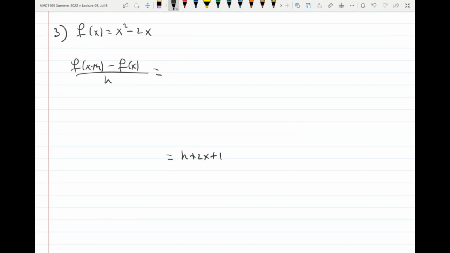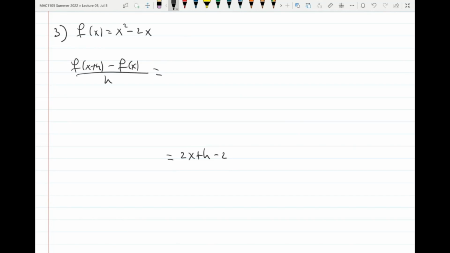There's a problem here. There's something wrong. Yes? I got 2x plus h minus 2. Okay. That looks a little bit more reasonable. Anybody else?